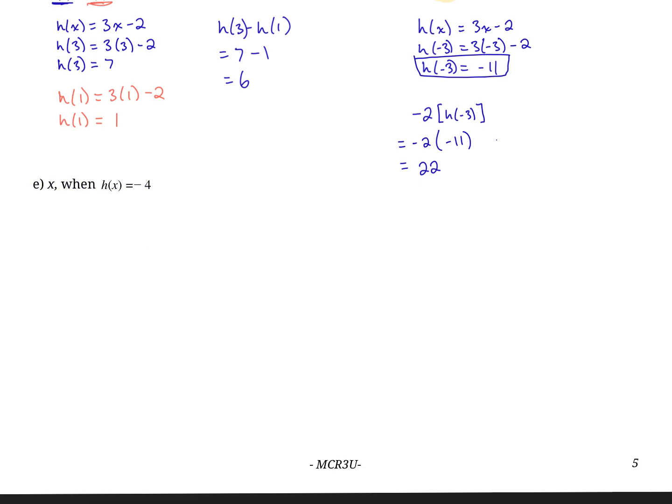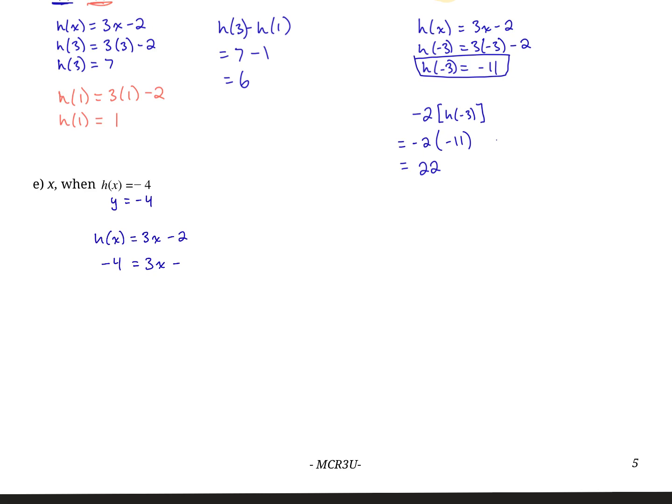So in the next question, we're looking for x when h at x is equal to negative 4. h at x, do you remember what that is? That's just our y value. y is equal to negative 4. So our function here, h at x, is equal to 3x minus 2. We have h at x this time. We have their y value. That is just negative 4, and we're looking for x.